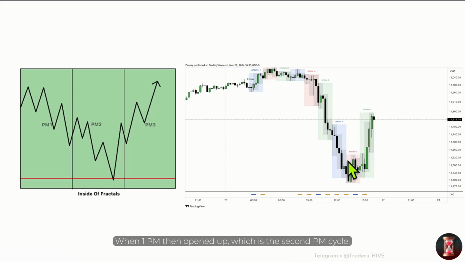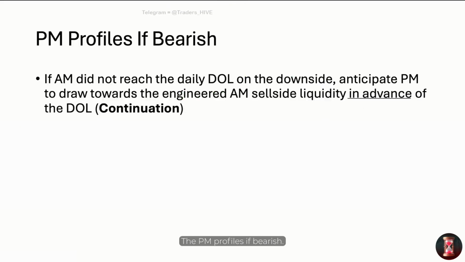When 1 PM then opened up, which is the second PM cycle, we saw the market open low, taking out the lunch cycle low, reaching a key level, and we then saw a reversal from there. And then during the final 90-minute cycle of the day, between 2:30 PM and 4 PM, we saw the market expand quickly towards the upside, drawing towards the lunch cycle high and an old inefficiency right above it right here. The PM profiles if bearish.